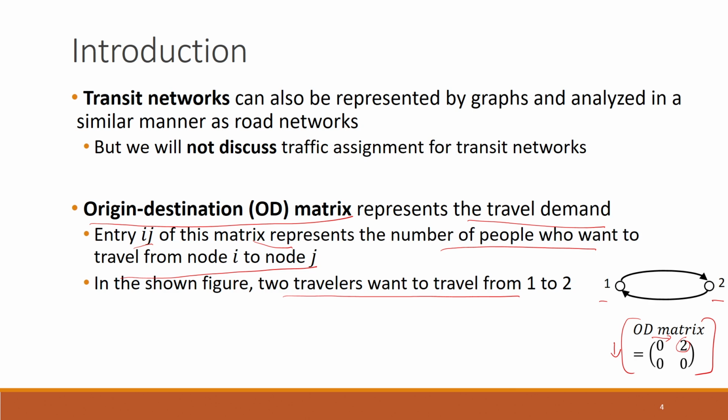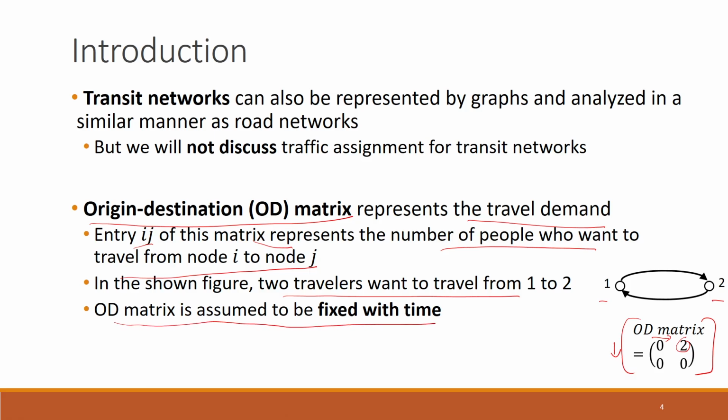Here we will also be making an assumption that every traveler will be going in a single vehicle. So when we say that the number of people who want to travel from place A to place B is x, we are assuming that x vehicles are also required for that purpose. We will be assuming that the origin destination matrix is fixed with time.